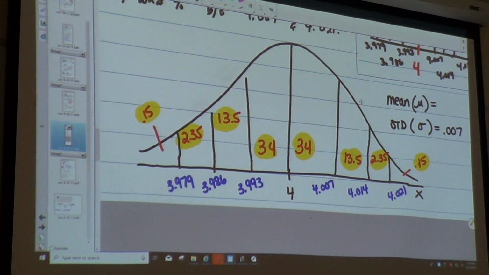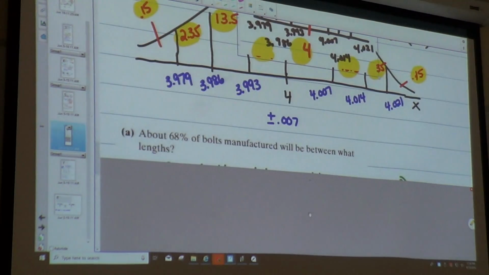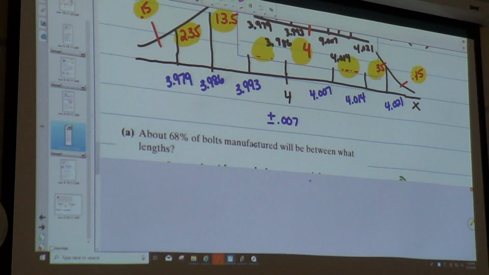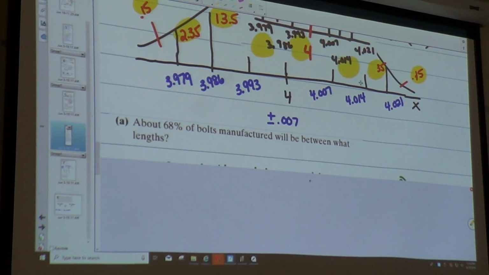All right. So if I come down, my first question is 68% of the bolts will be manufactured between what two links?